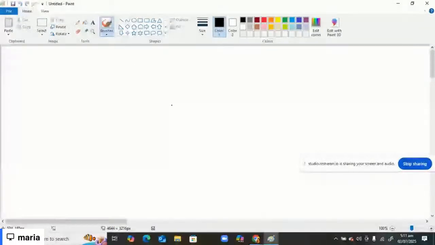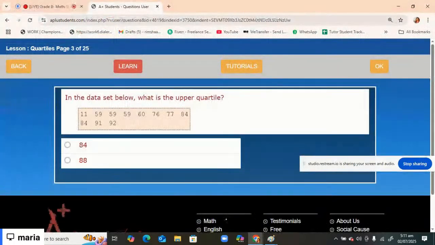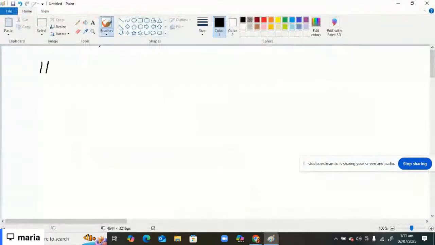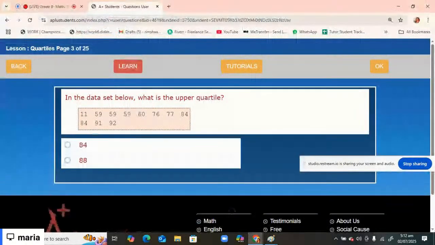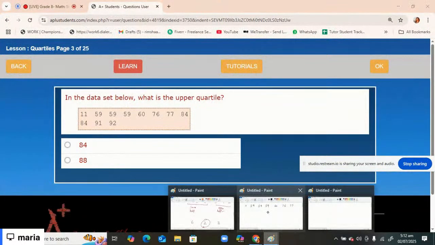The data which is given: 11, it's 59 three times, then 60, 76, 77, 84, 84, 91, 92.